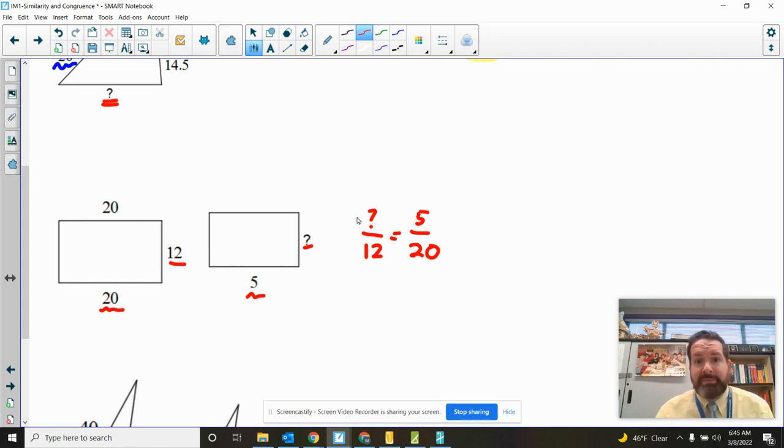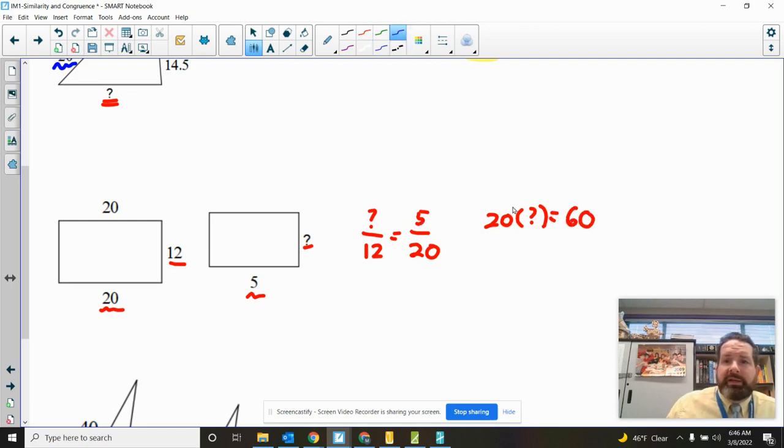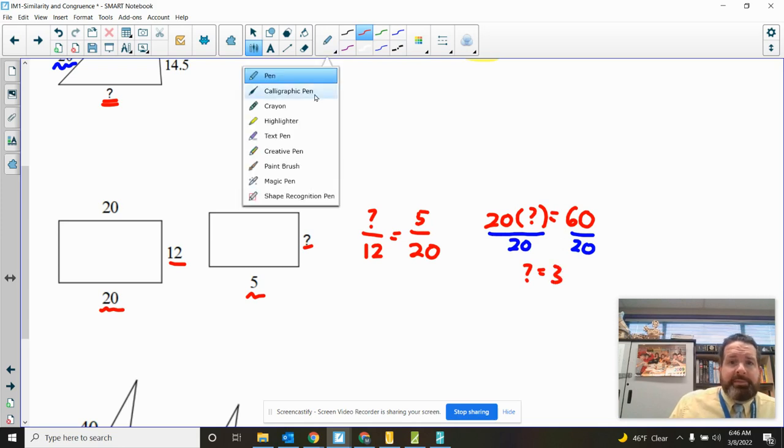If they come from the same shape, they need to be in the same spot. Now do a cross multiply. So 20 times question mark equals 5 times 12. We're then going to divide by that 20. And so question mark looks to be 3.